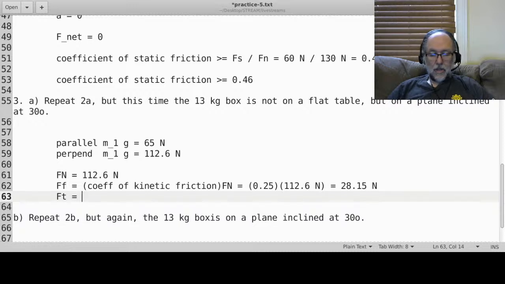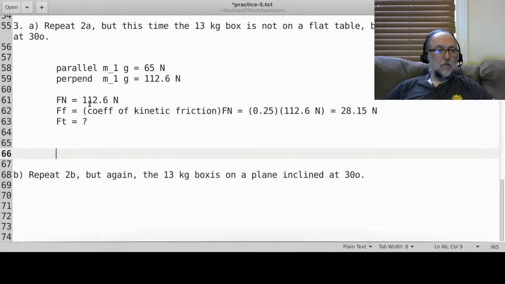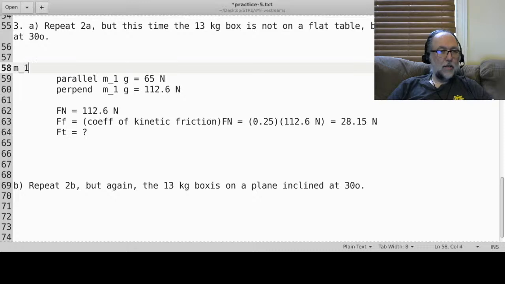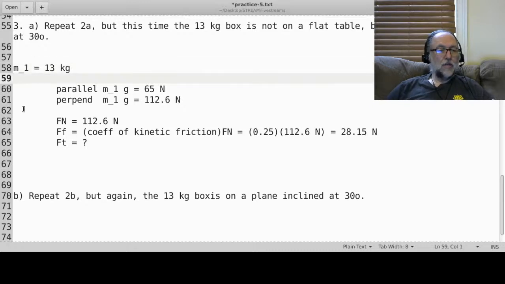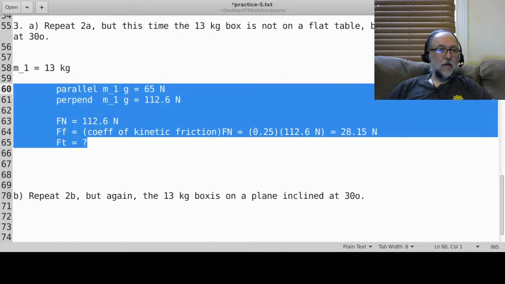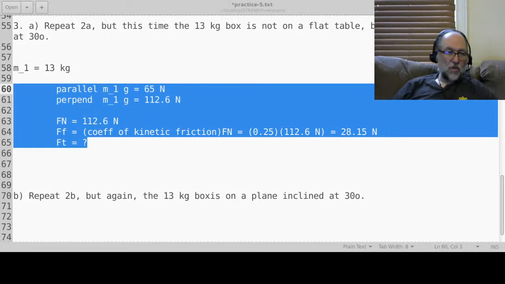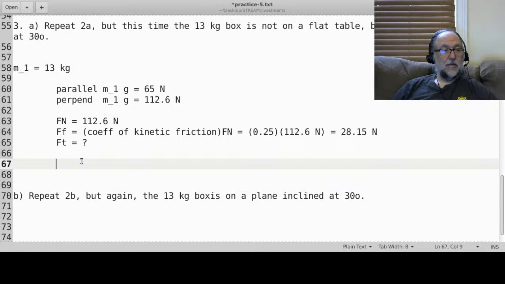Don't lose sight of why we even did this. We were doing this for M1, the 13 kilogram. Why do you do this entire analysis? This is the point at which students kind of lose it, because you get lost in all the details. You do that entire analysis just so you can get Fnet. So how do I get Fnet?